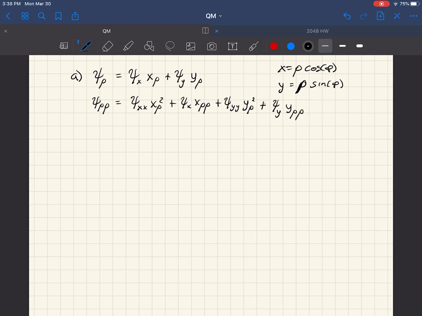So we can see that this term is going to equal 0, and so is this term.